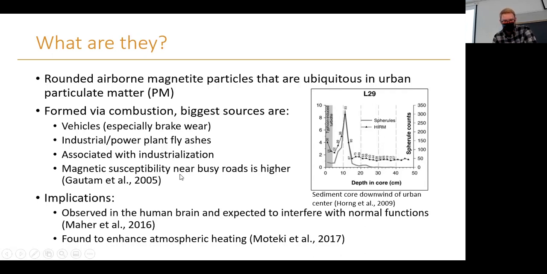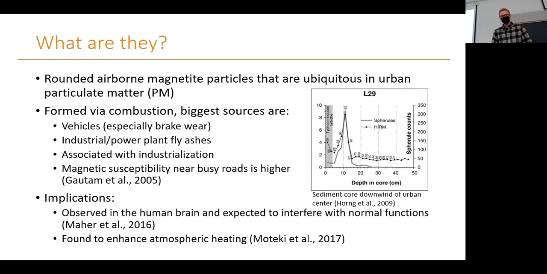So the implications of these little particles, well, they've been observed in the human brain, and they're expected to interfere with some functions, which could be problematic. It's not entirely understood what they do, but the little nanoparticles are able to make their way into the brain, and it's never good to get things in your brain.